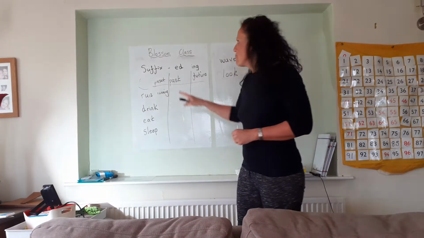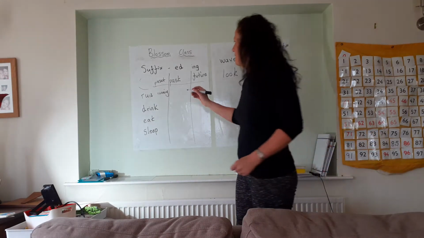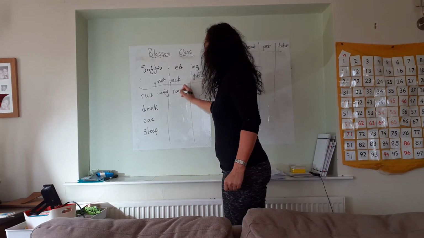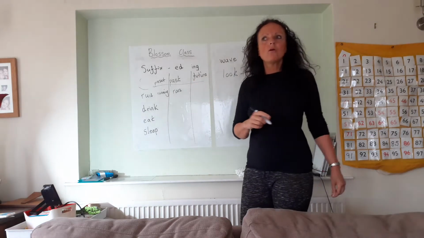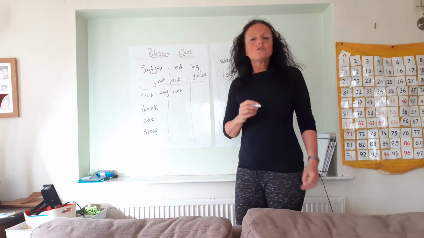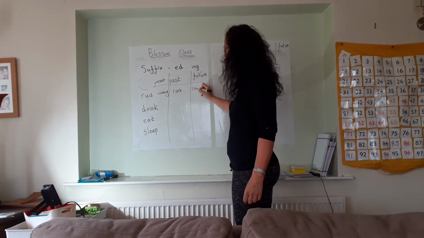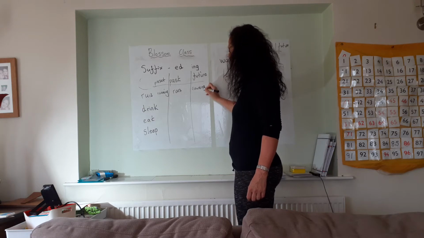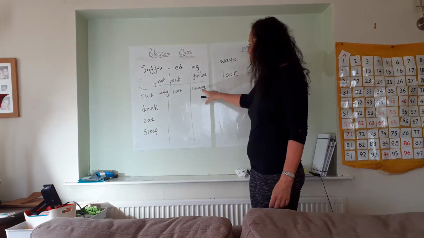Yeah, you wouldn't say I runned. You would say I ran. So that is an exception to the rule. Now, I might think I want to go later for a run. So I'm going to run. I'm going to go running. So I'm going to add that suffix, and it always goes at the end of your root word.